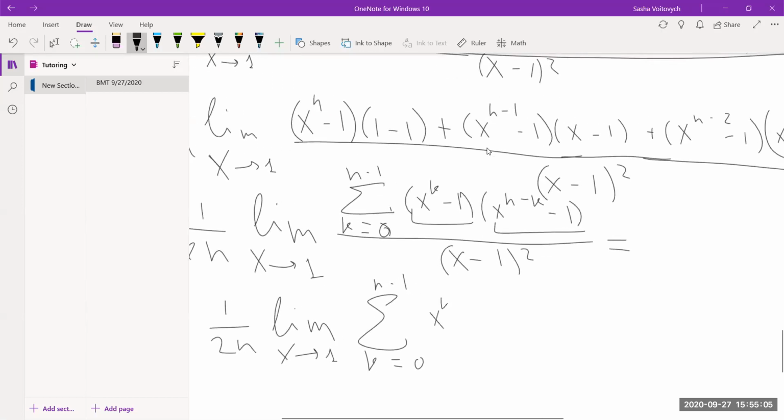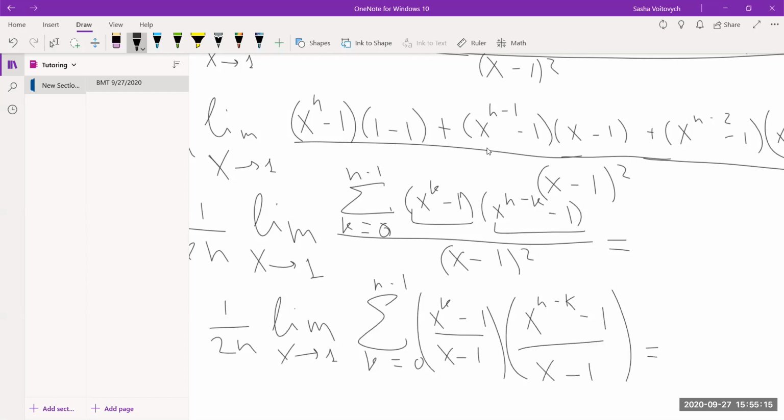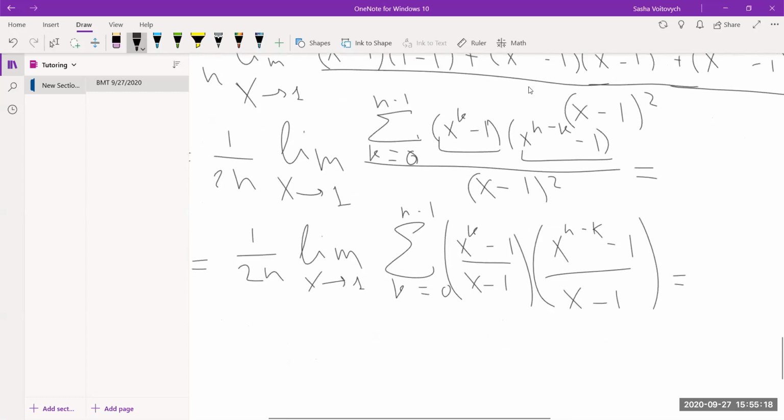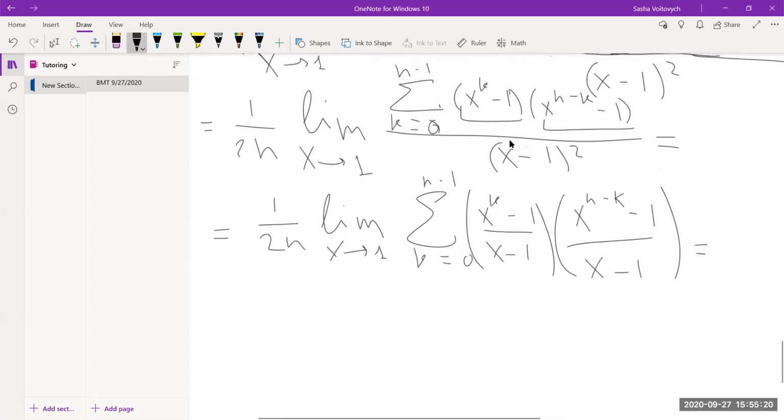So this is x to the power of k minus 1 over x minus 1 times this guy. So yes, instead of having limit of a sum, we can have sum of limits now because every limit exists. So we can switch limit and the sigma notation.